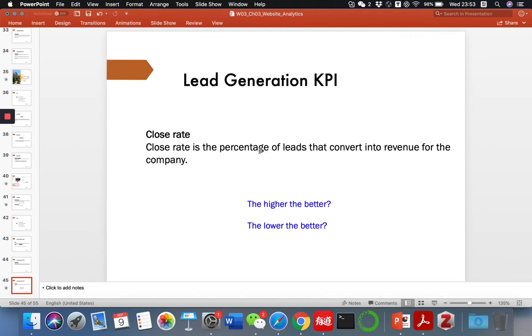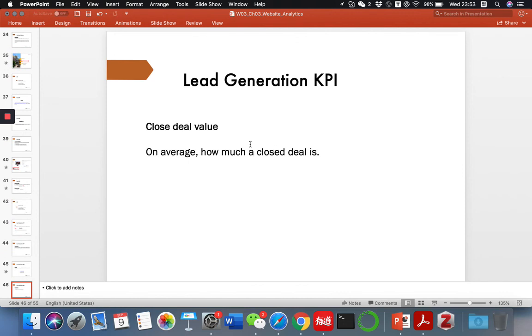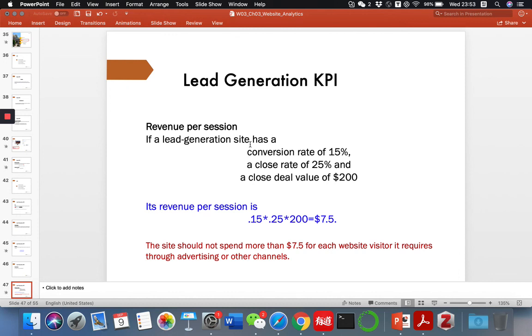A higher close rate means a higher percentage of people who fill in the form or make the call ultimately make a deal. That's a good sign, right? Closed deal value means on average how much a closed deal is worth. So how much can you get from a closed deal? And revenue per session.